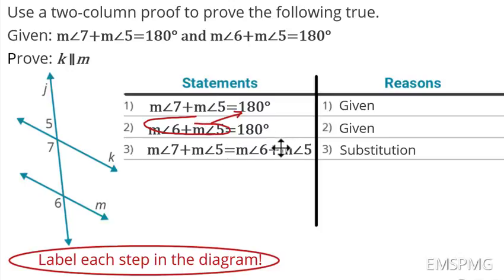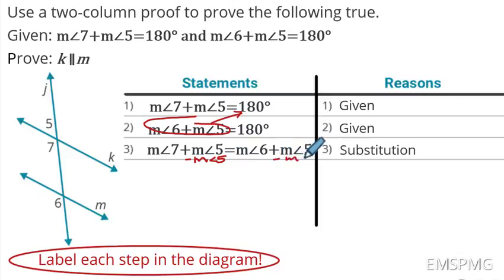Now, you are noticing something here. It's always step by step. What can I use in the previous step to help me with the next step? Well, take a look. Angle 7 plus 5 equals angle 6 plus angle 5. So I'm noticing right now that there is something repeated on both sides. There's a 5 here, there's a 5 here. What if I just went ahead and subtracted the measure of angle 5 from both sides?